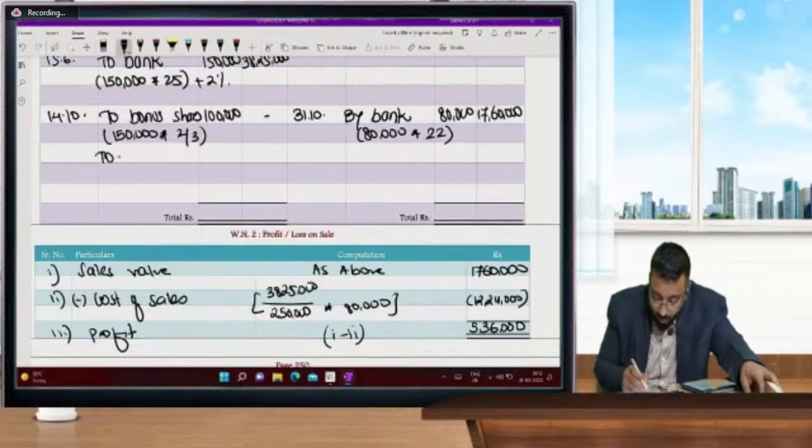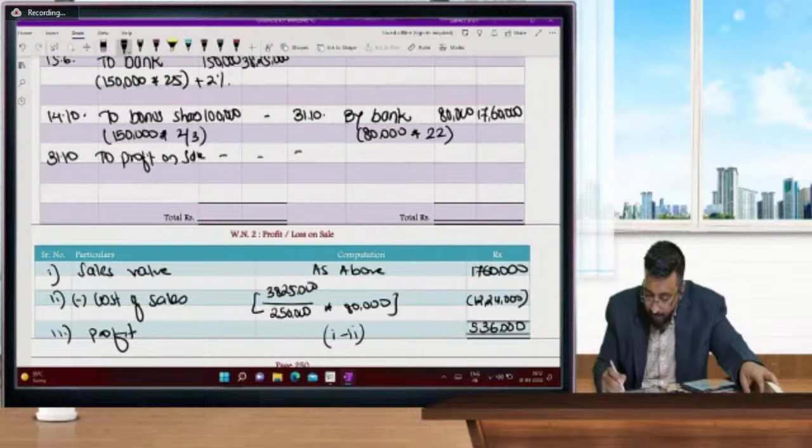To profit on sale, sorry, dash and 5,36,000.